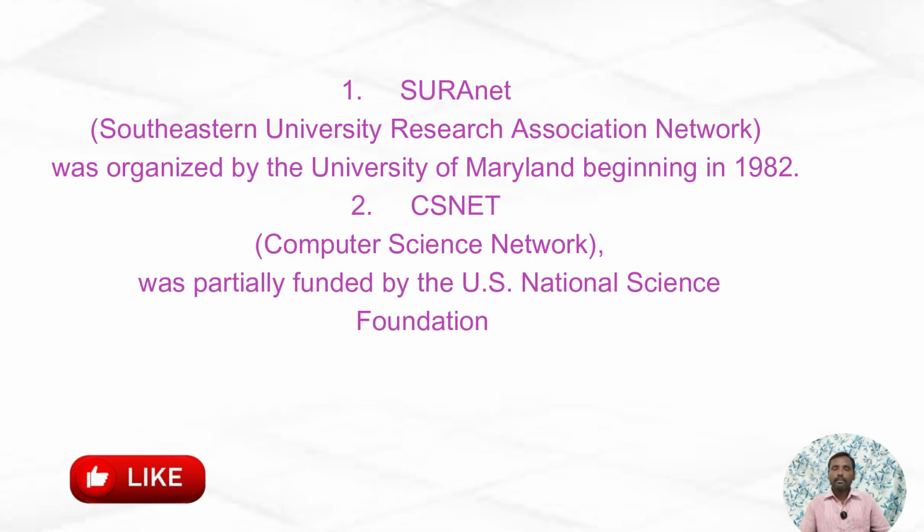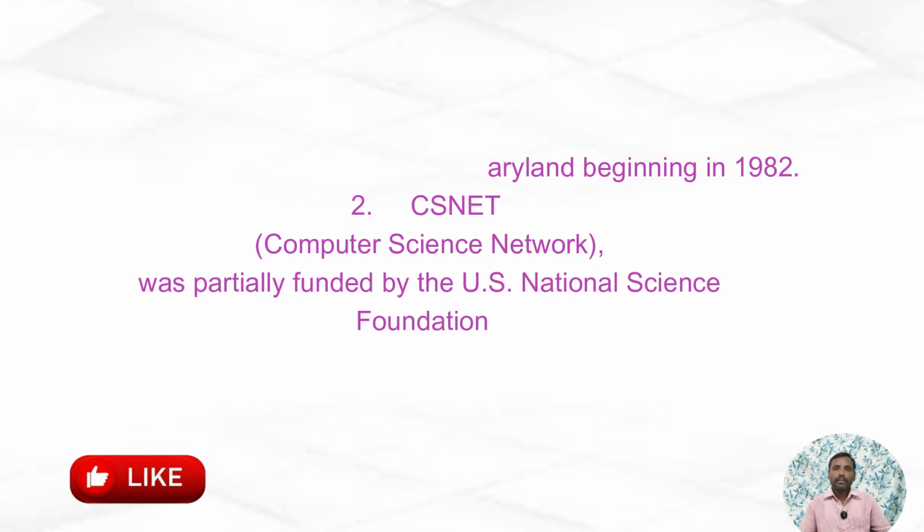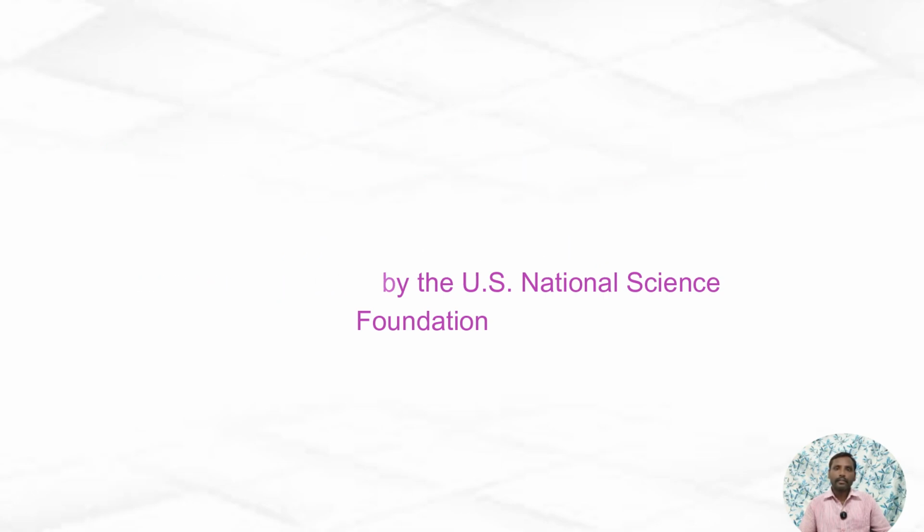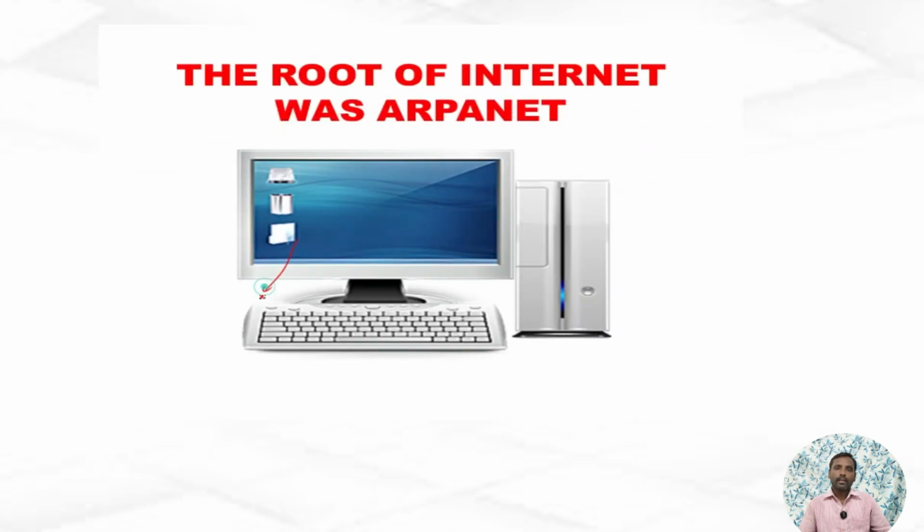Like this, many networks were working on their tasks individually. But ARPANET is the root of the internet; the first step was achieved by ARPANET. They started sending data between different users in a single system. In a single system, we can create a number of users, and they started transferring data from one user to another user.